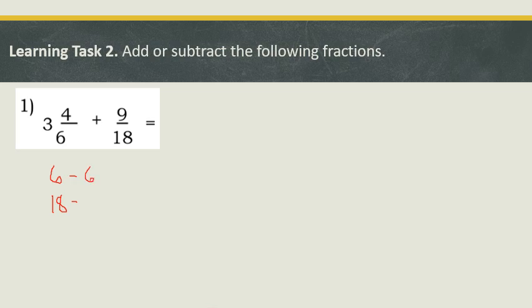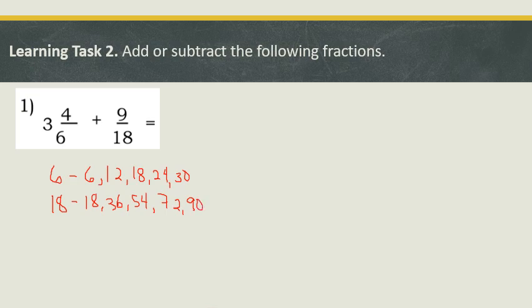Lista tayo ng 5 muna sa 6. So, 6, 12, 18, 24, 30. Then, dito naman sa 18, we have 18, 36, 54, then plus 18 ito, so 72, plus 18 is 90.